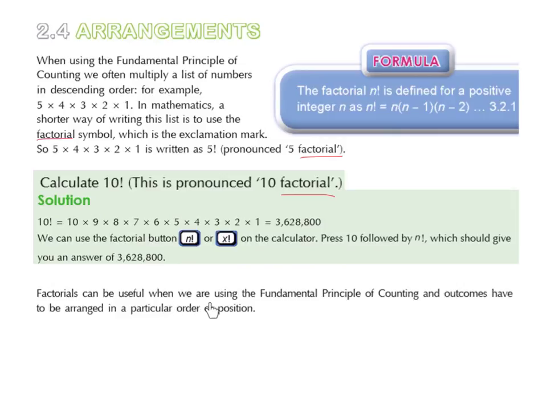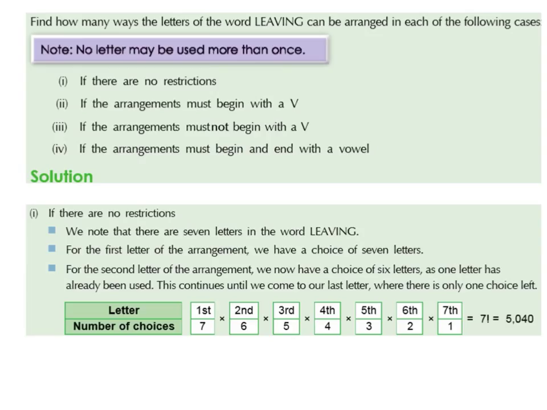Factorials can be useful when we are using the fundamental principle of counting, and outcomes have to be arranged in a particular order or position. Find how many ways the letters of the word leaving, L-E-A-V-I-N-G, can be arranged in each of the following cases.